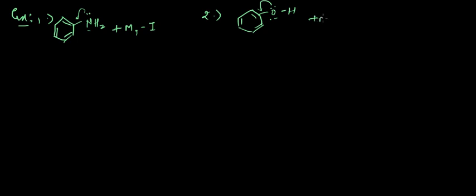So this is plus M and again minus I. If we have something like this, then what will happen is, in this case actually the nitrogen would be giving to the phenyl ring as well as to this bond. So hence in this case it is plus M, but as nitrogen is more electronegative, it is minus I also.